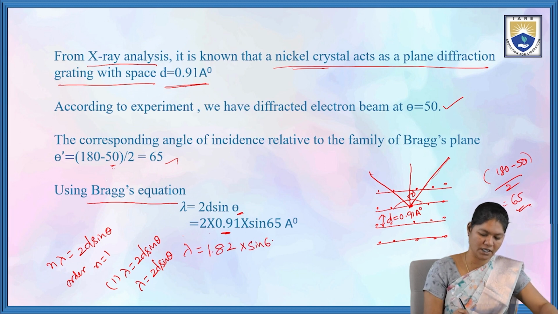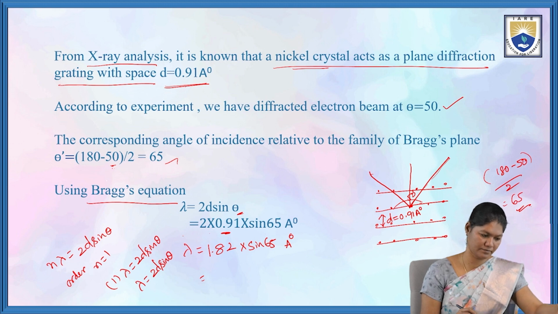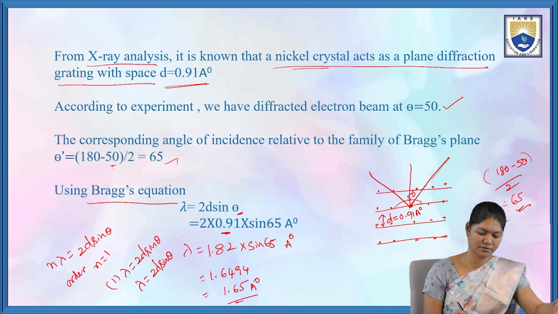Sine 65 angstroms, so we get 1.6494, which is 1.65 angstroms.